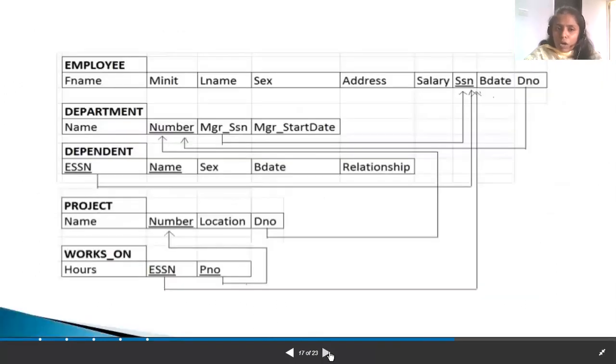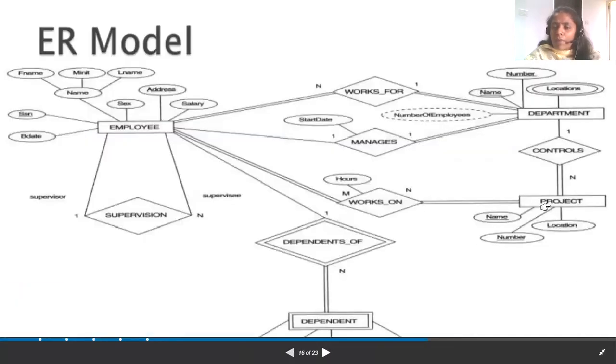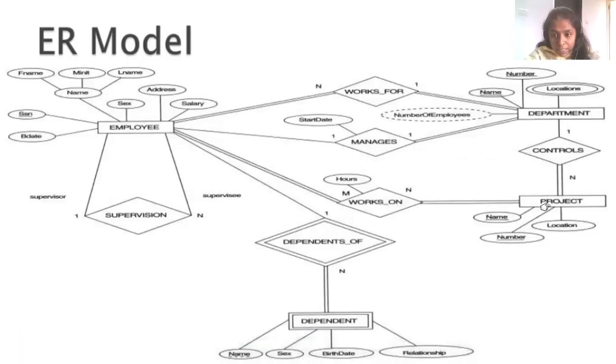If a many to many relationship exists, we cannot take the primary key and add it into any other table. Only one option is available to convert the many to many relationship into the relational data model: to create a new table for the relationship.